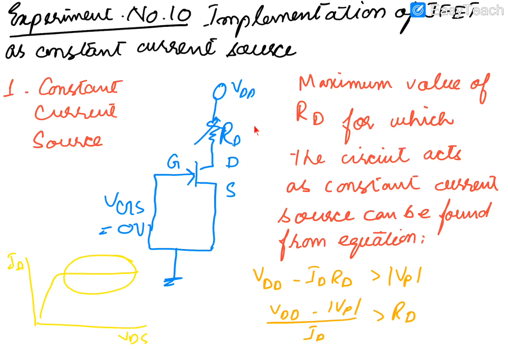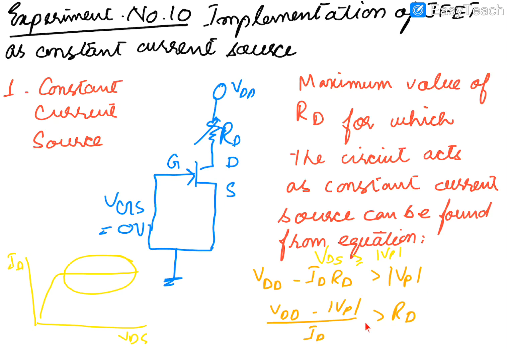The value of RD can be designed using this equation, as the condition for the JFET to operate as constant current source is that VDS should be greater than or equal to VP. So you will design the value of RD from this equation.